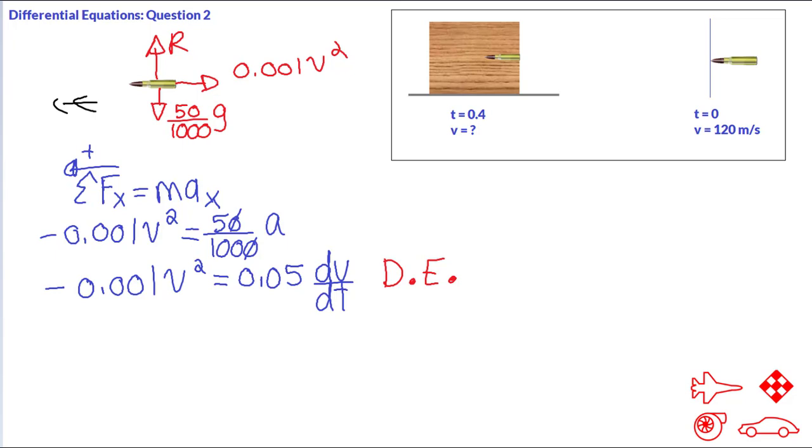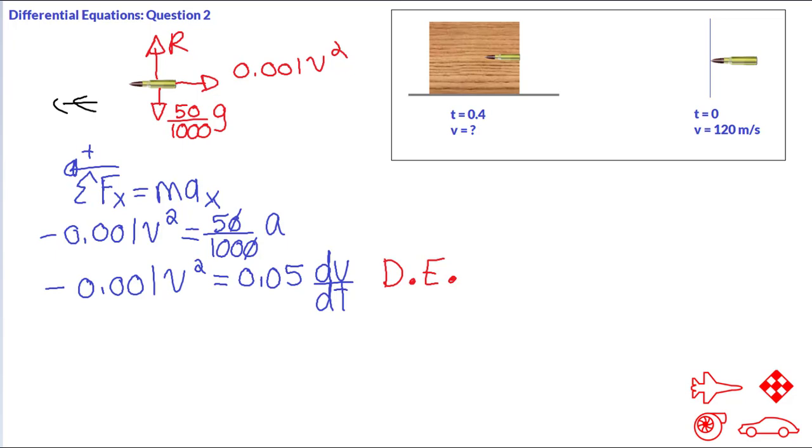Now we need to solve this equation, and in order to solve it, we're going to use the separation of variables method. First things first, we need to separate the variables. So that means putting v on one side and putting t on the other side.